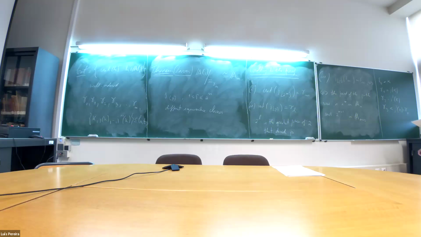That equals the nth critical point if and only if I look at the pth row in A_n, and the period is 2 to the n in A_n, and it's 2 to the n plus 1 in A_(n+1).